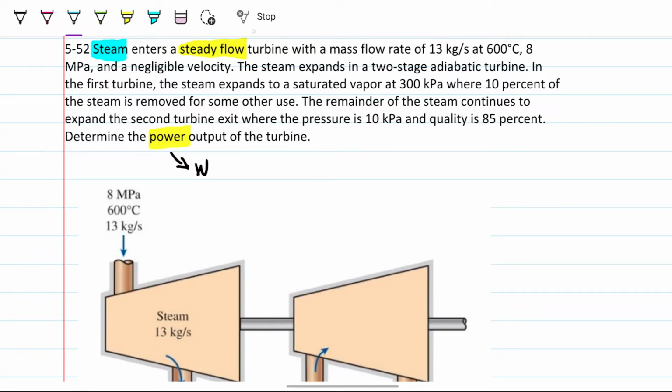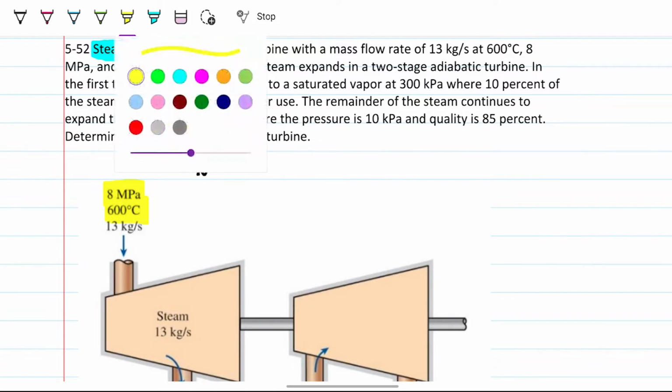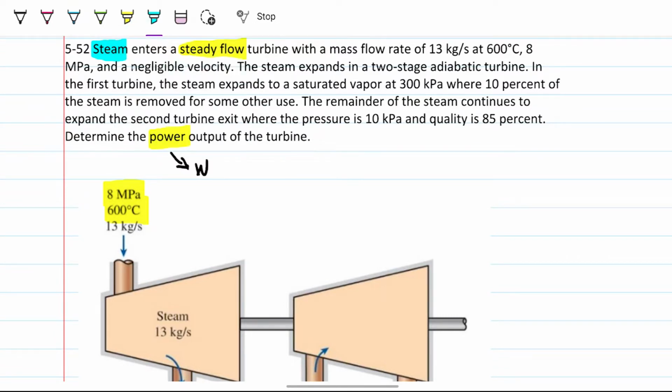We have the set of properties for the first state. That's great. So this state is completely defined. We can grab whatever thermodynamic property we need for that state. We are considering our velocity to be negligible. What does that mean? We are ignoring the kinetic energy. Steam expands in two stages. Adiabatic turbine, another important word. Why is that?